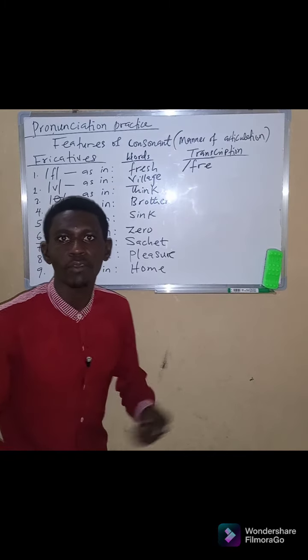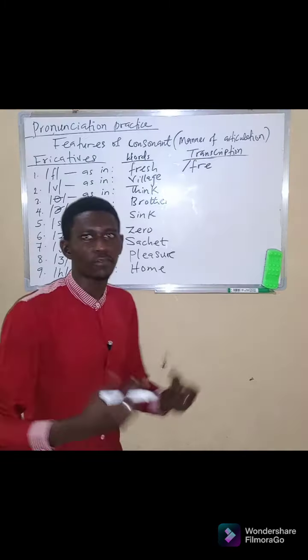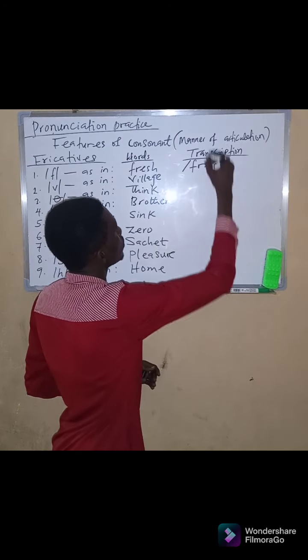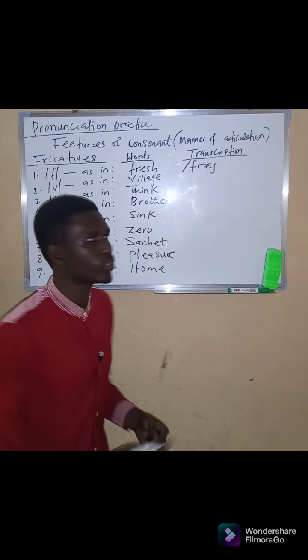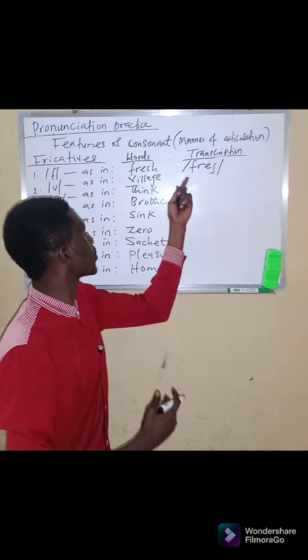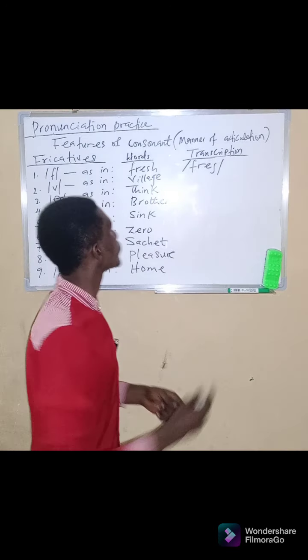So here we have fre. How do you find it? Very simple, right? Then we need the sh. We have fresh. Then you close it. This is the transcription of the word fresh.